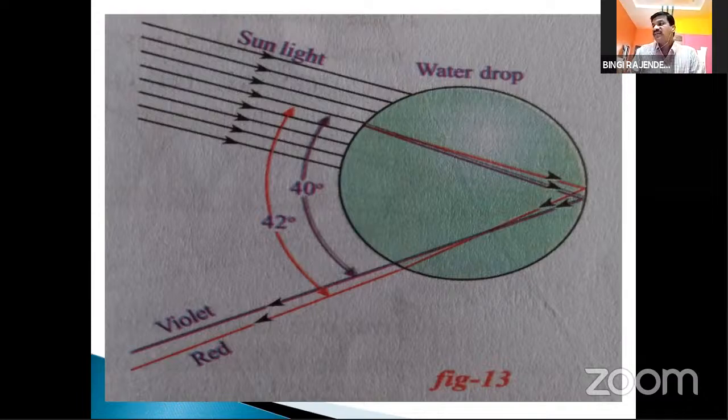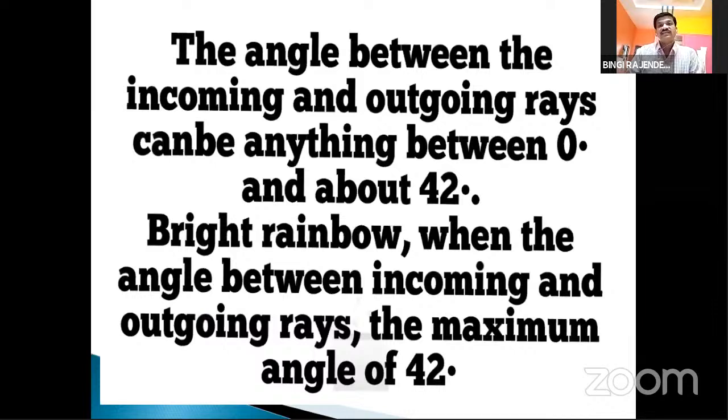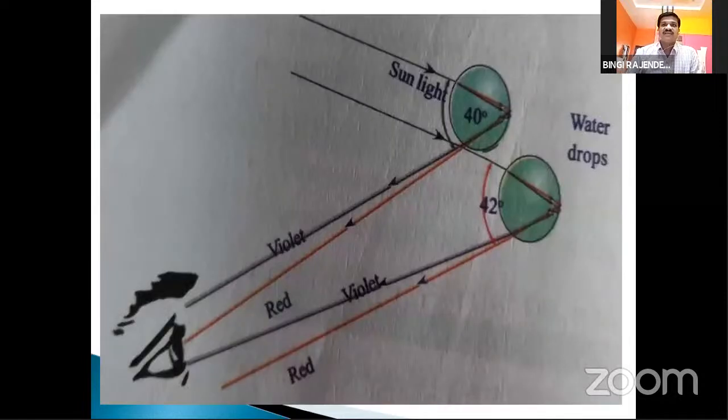Next, figure 13 and figure 14. The angle between the incoming and outgoing rays can be anything between 0 and 42 degrees. For a bright rainbow, the maximum angle between incoming and outgoing rays is 42 degrees. At 40 to 42 degrees, we can observe the brightest rainbow.